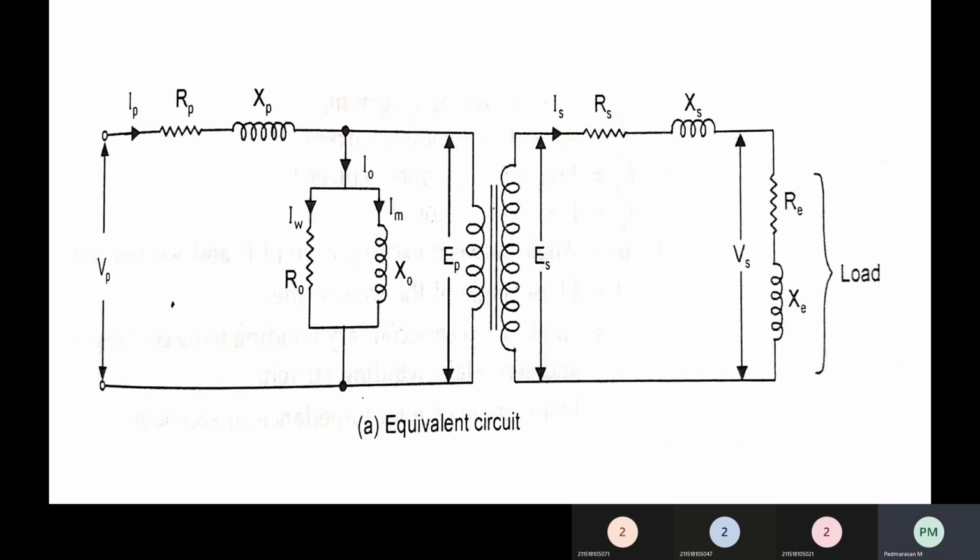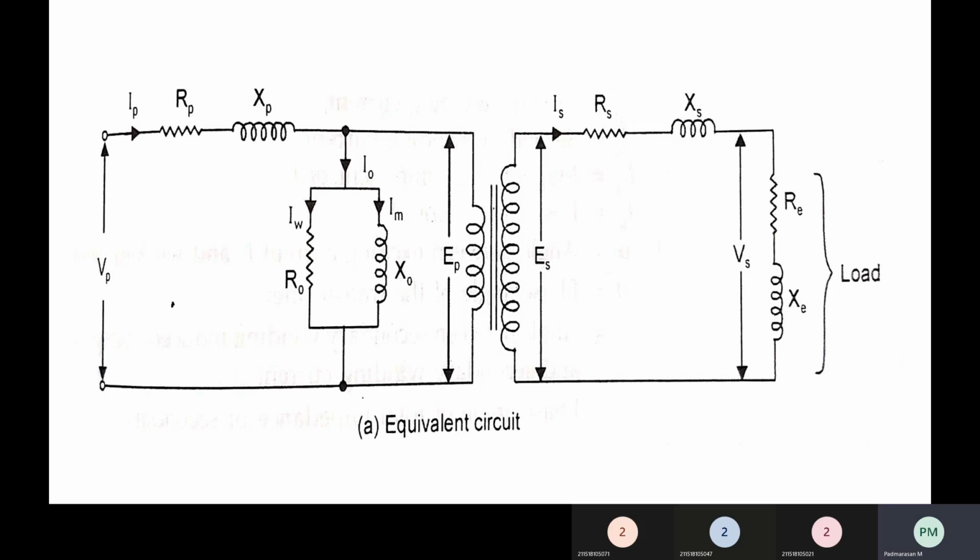This is the equivalent circuit of the current transformer. Similar to an ordinary power transformer, the primary side has resistance RP and reactance XP. The no load current can be divided into two components: the core loss component and the magnetizing component, with no load resistance and reactance R0 and X0.